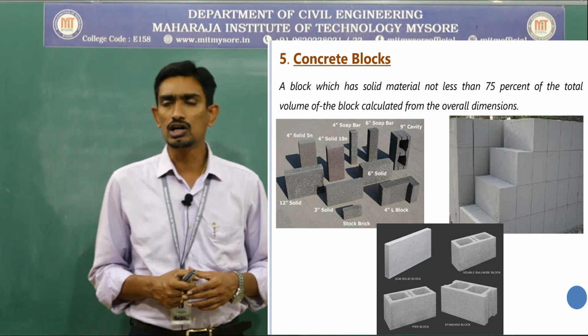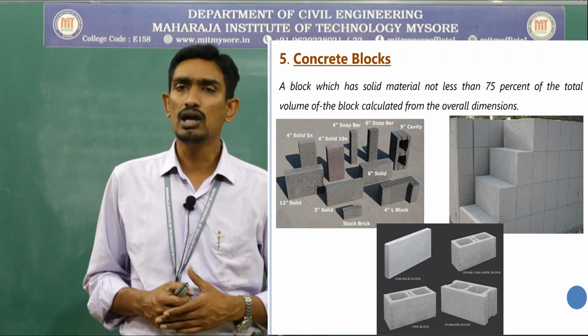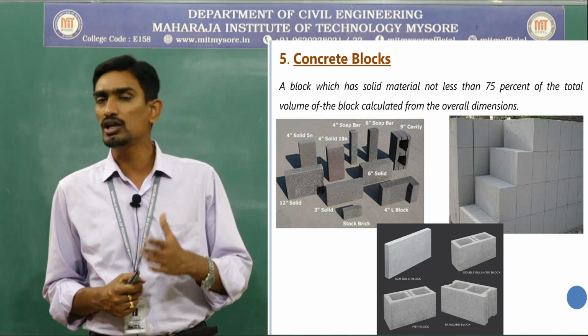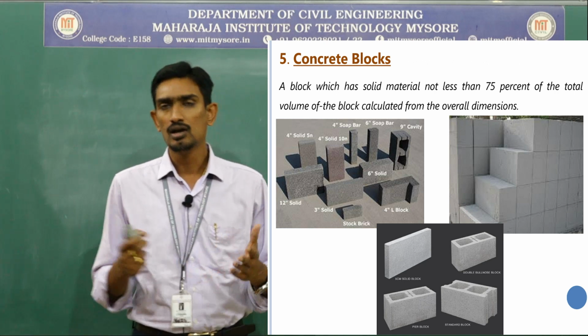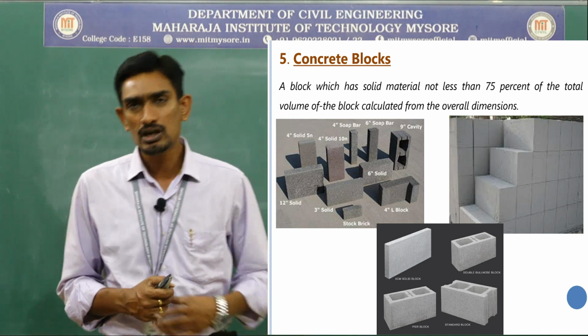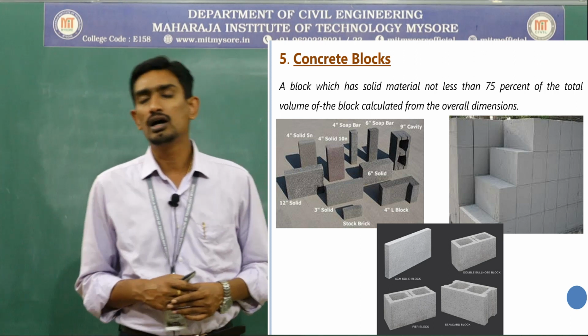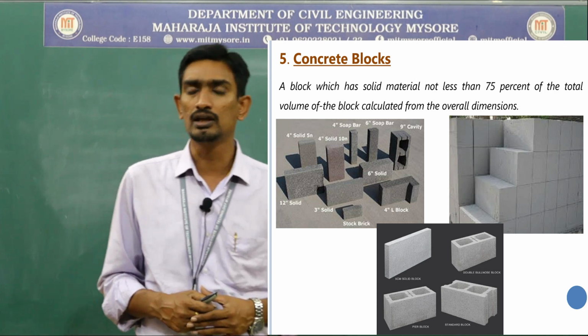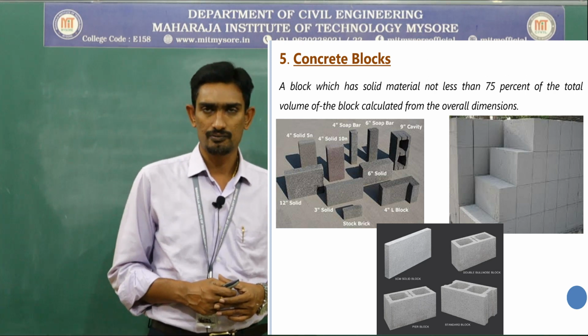That means to construct a wall, concrete blocks are preferably used in commercial or industrial buildings. The burnt clay bricks discussed in the last session are majorly used in residential buildings, but nowadays in industrial and commercial buildings, concrete blocks are majorly used.